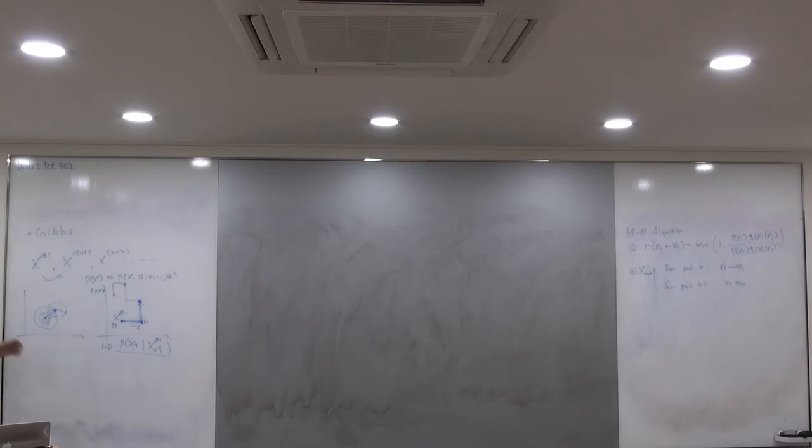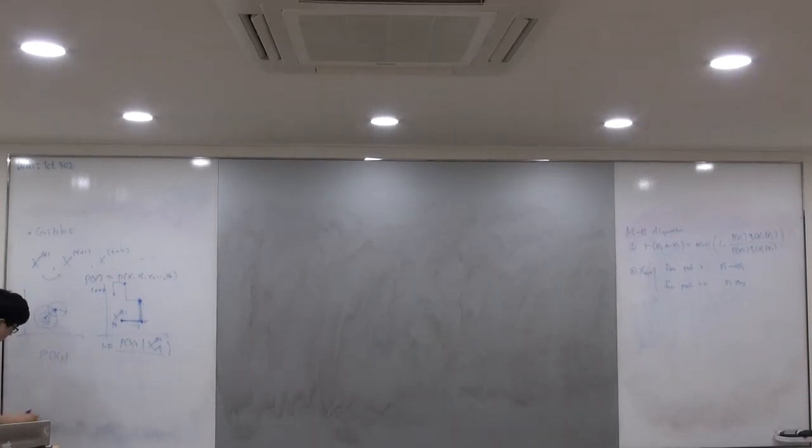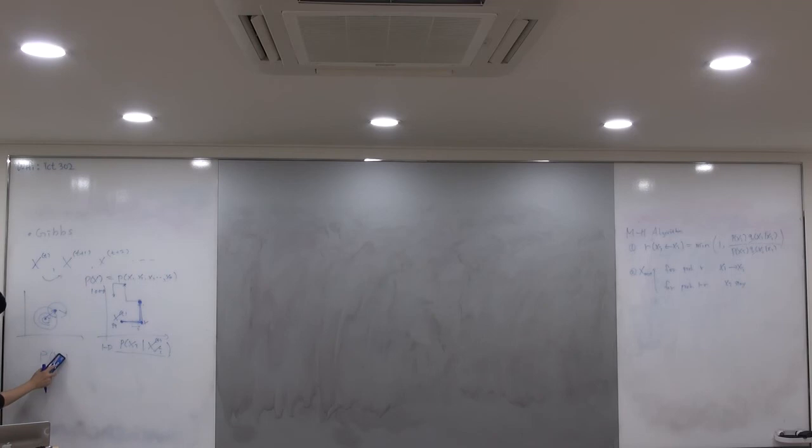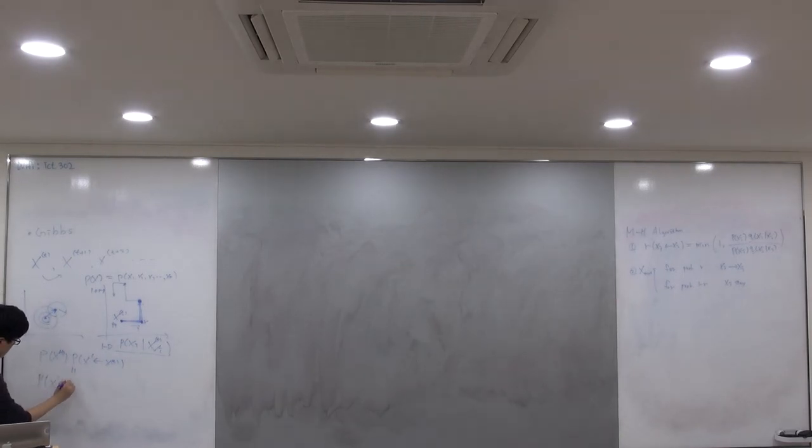But the basic idea is very easy, if you recall the detailed balance condition for this notation, for some specific x prime. It has to be the same. Where's this one? Transition.